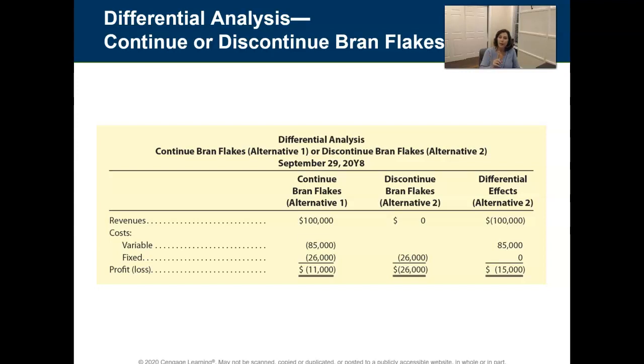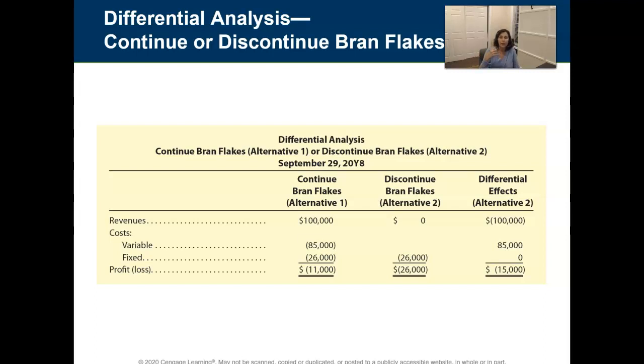So despite the fact that we were losing $11,000 while we were making the bran flakes, if we stop making them, that's actually going to result in a bigger loss than if we had just continued losing the $11,000 by making bran flakes.